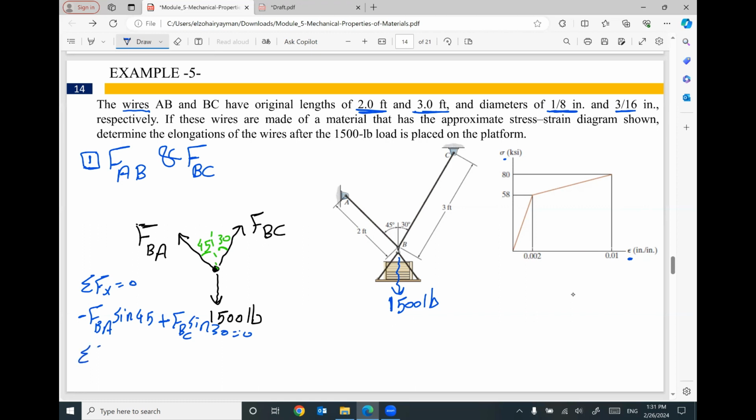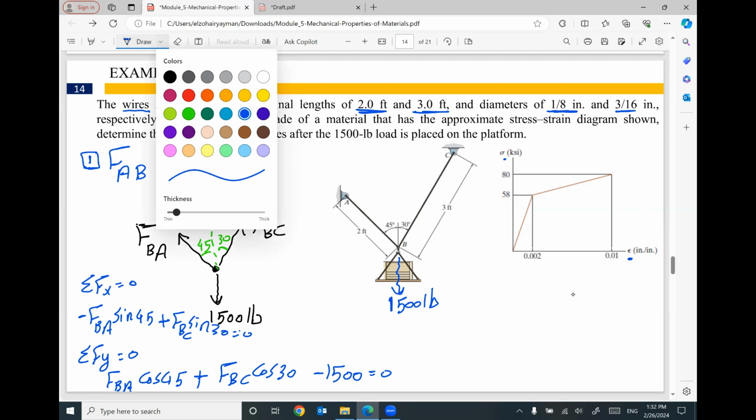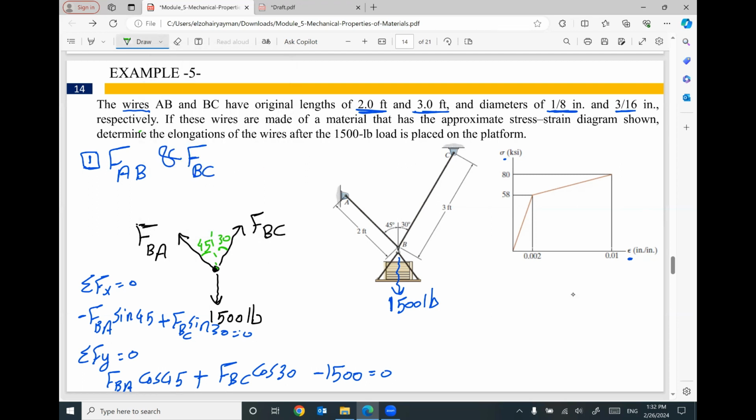If you apply summation Fy equals 0, I will have FBA cosine 45 plus FBC cosine 30 minus 1,500 equals 0. Then I will solve the two equations, equation number 1 and equation number 2.